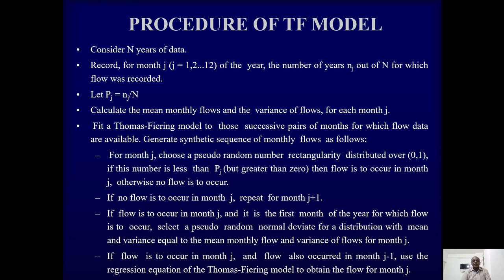If the flow is occurring in month j, and it is the first month of the year for which the flow is to occur, select a pseudo random normal deviate from a distribution with mean and variance equal to the mean monthly flow and the variance of flow for month j. If the flow occurred in the month j and also in the month j minus 1, use the regression equation of the Thomas Fiering model to obtain the flow for the month j.